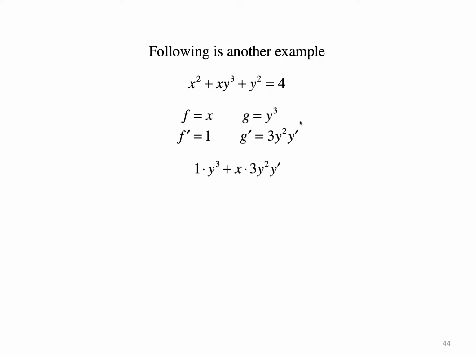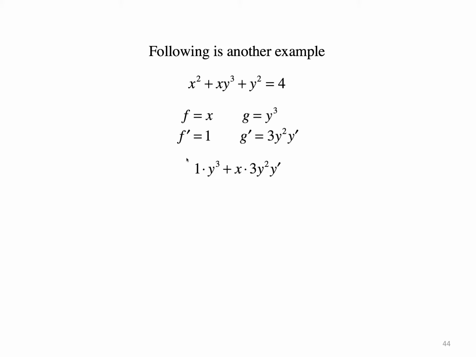Now, another way of looking at this is when you see y cubed, y squared, 2y, anything with y in it that you're differentiating using implicit differentiation, you differentiate as you normally do, in this case with the power rule, and then just tack a y prime on at the end.